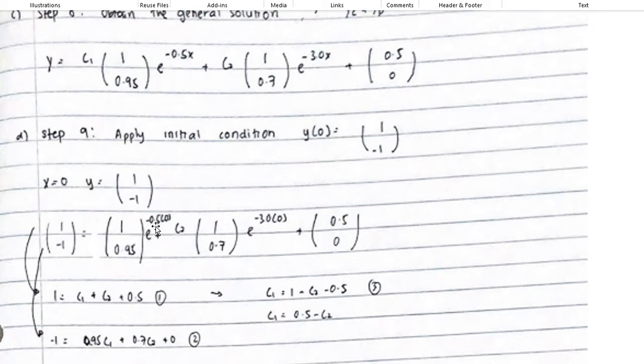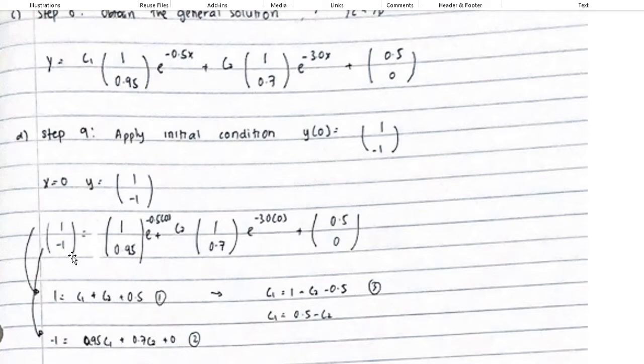We know that exponent 0 equals 1. And for this part, it is also plus C2 times 1 times 1. So any value times 1, we get this C2 back, plus 0.5. Same goes for this part. So this part will be equation 1.